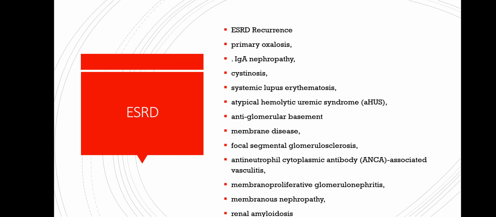Then proliferative glomerulonephritis, then membranous nephropathy, renal amyloidosis. These are the conditions of recurrent end-stage renal disease.